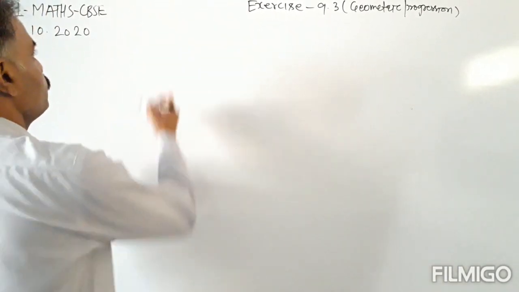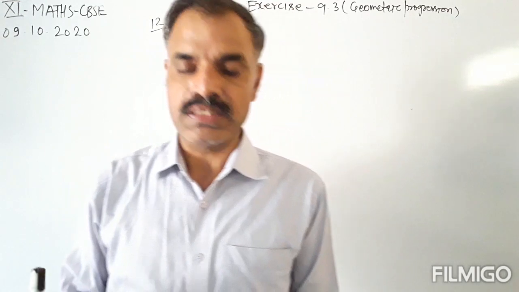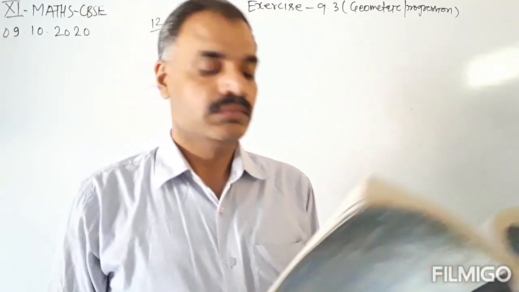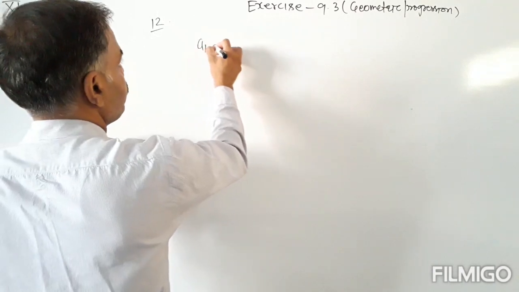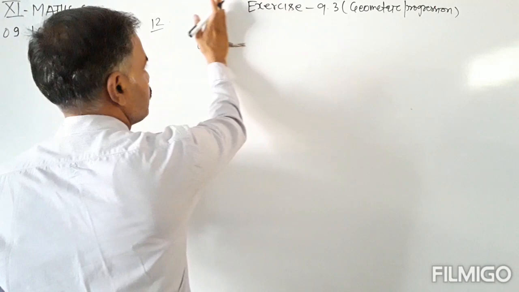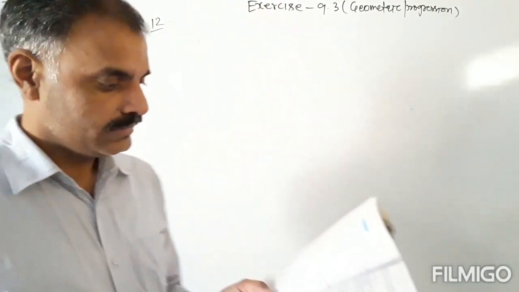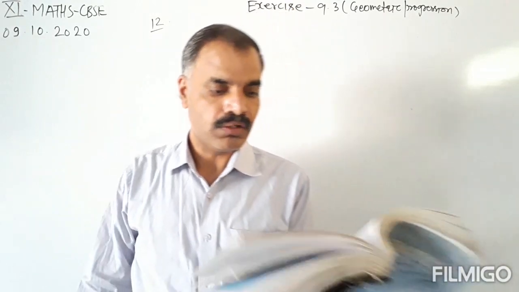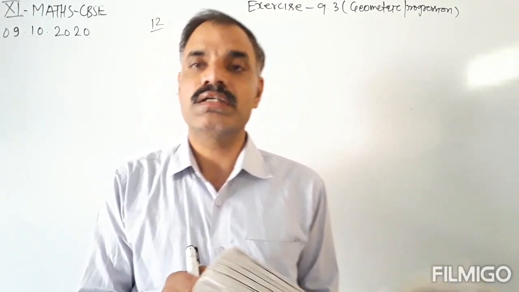The sum of the first three terms of a GP is 39 upon 10. The sum of the first three terms means a1 plus a2 plus a3. Their product is 1. Find the common ratio and the terms.